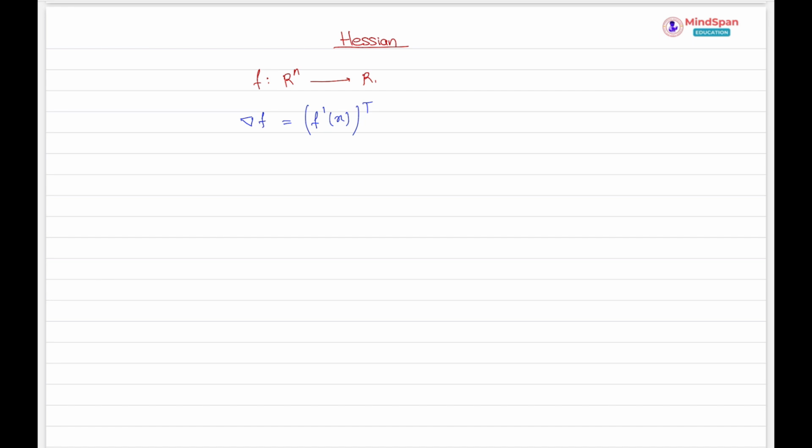Now let's think of this gradient of this function as a new function, right? So what is gradient? It keeps all the information of the partial derivatives, right? Suppose we have this vector from n-dimensional space, that means it will have n components, x1, x2, x3 and xn.